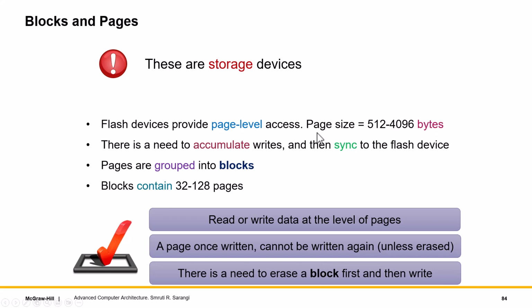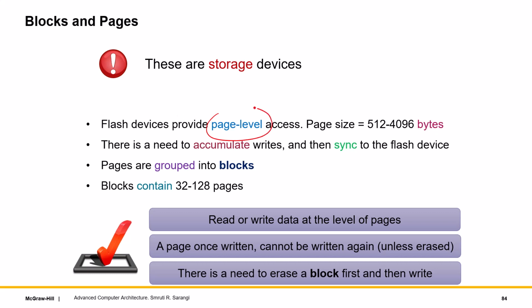So let's now look at this once again in a different way. Our key argument is that programming or erasing a flash cell, or even reading for that matter, requires some amount of electronic circuitry. And that circuitry takes a fair amount of area, a lot of wires, and you need large voltage drivers. That is why you don't want to provide access at the level of a byte or several bytes.